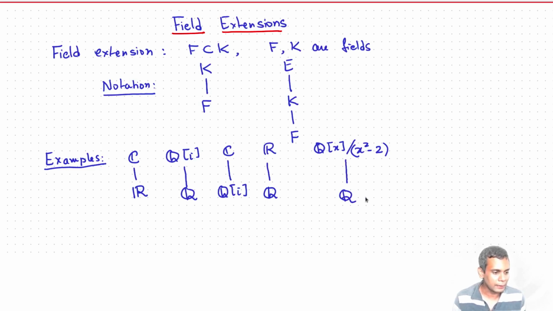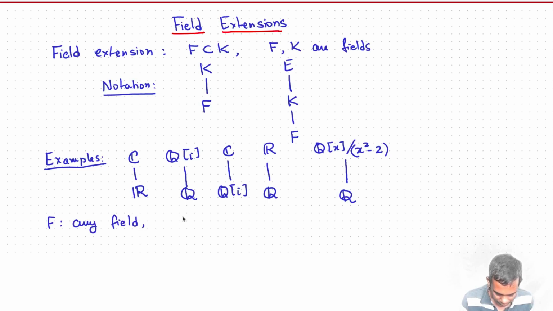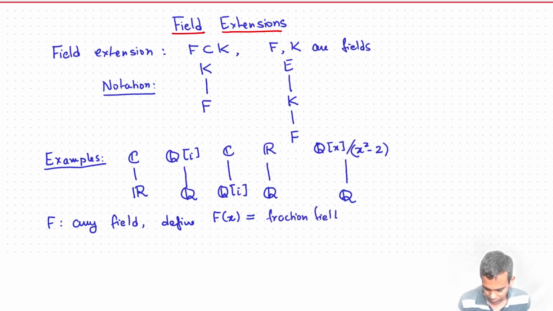Let's look at a slightly more interesting example. Given a field F, you can start with any field, define F(x) to be the fraction field of the polynomial ring F[x].